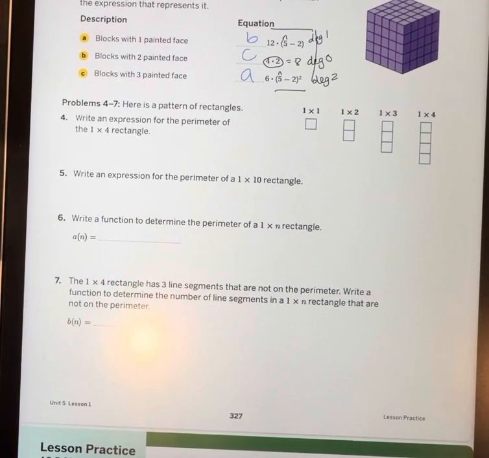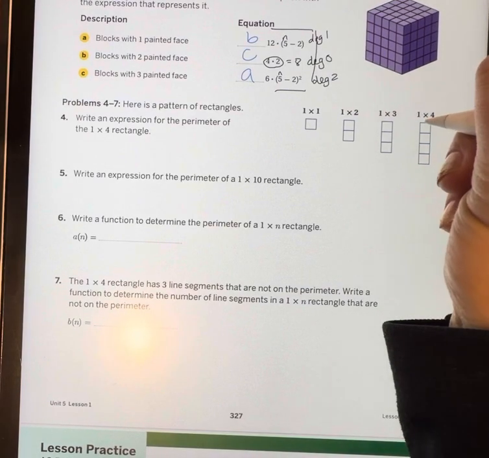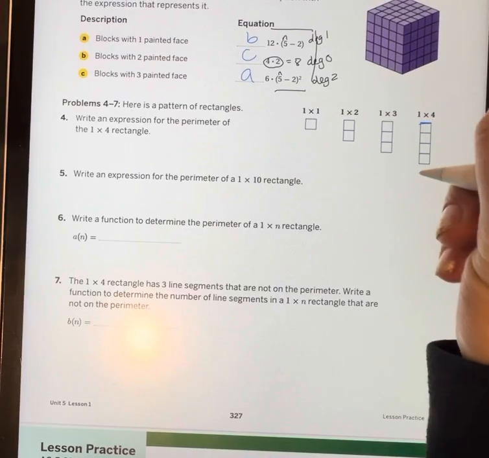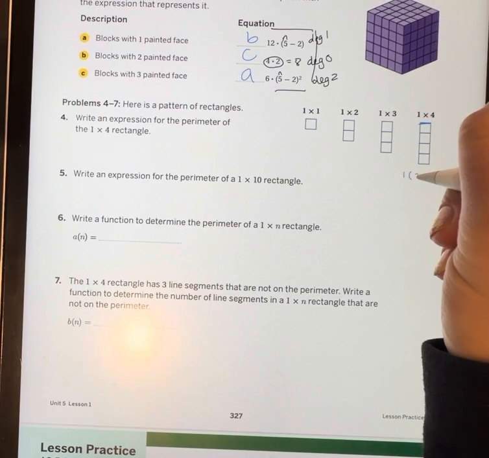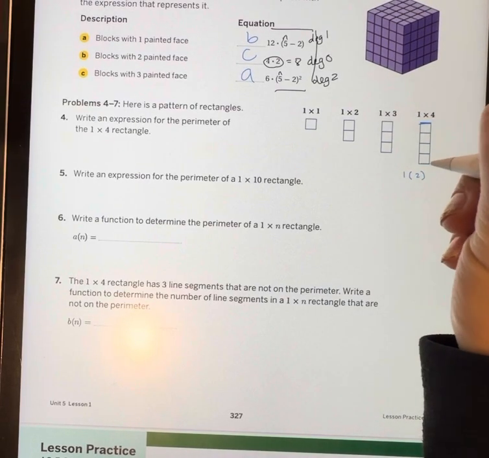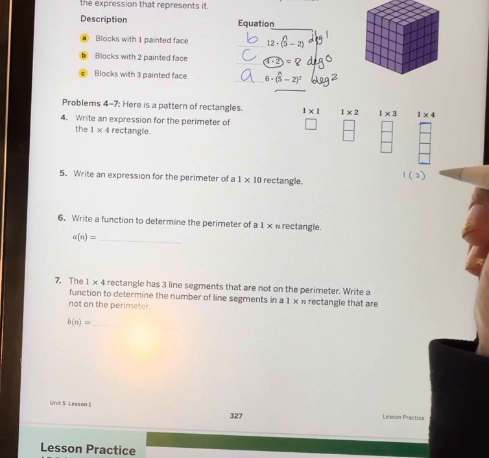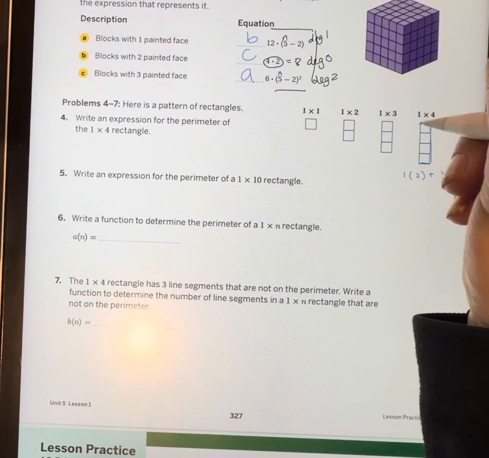Here we've got rectangles. Write an expression for the perimeter of the 1 by 4. So we've got the 1 times 2, because there's 2 of them. And then we've got the 4 times 2.